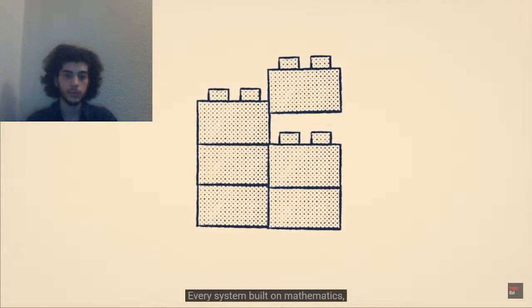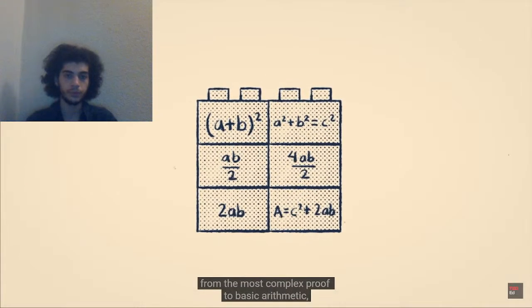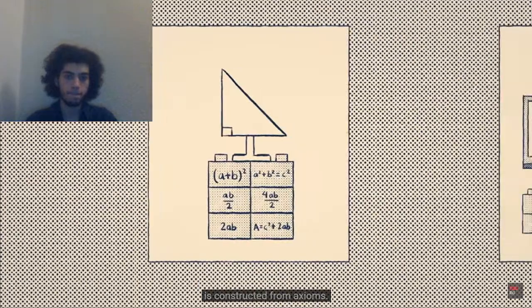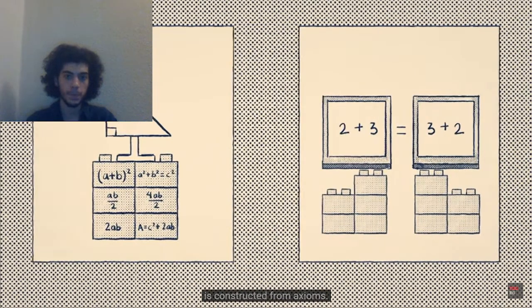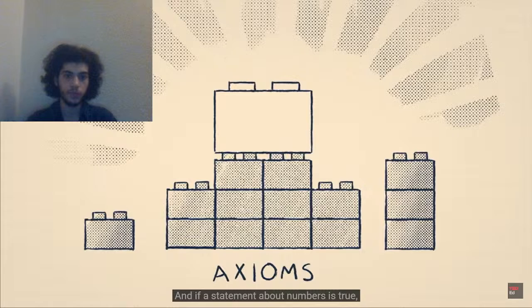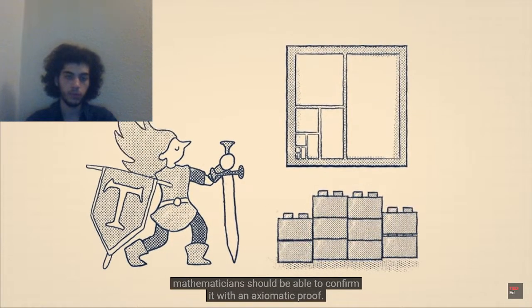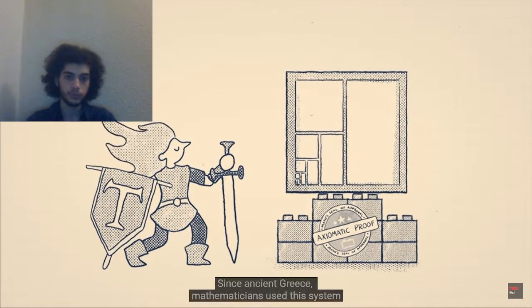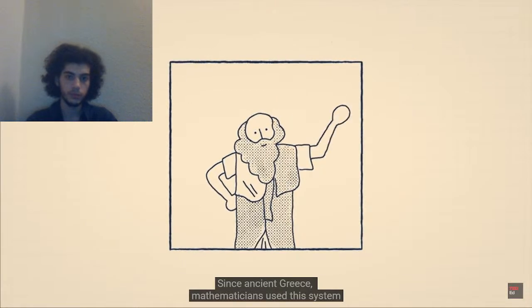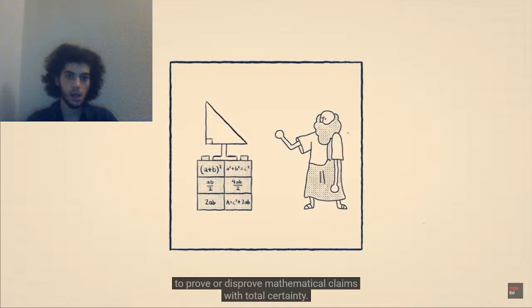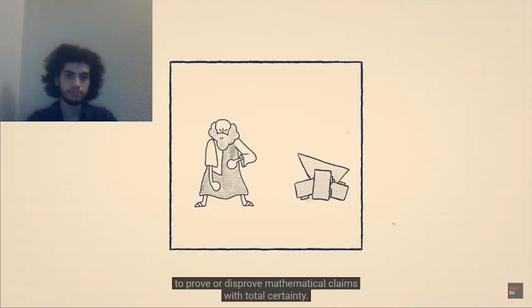Every system built on mathematics, from the most complex proof to basic arithmetic, is constructed from axioms. And if a statement about numbers is true, mathematicians should be able to confirm it with an axiomatic proof. Since ancient Greece, mathematicians used this system to prove or disprove mathematical claims with total certainty.